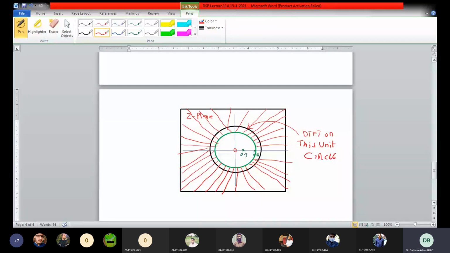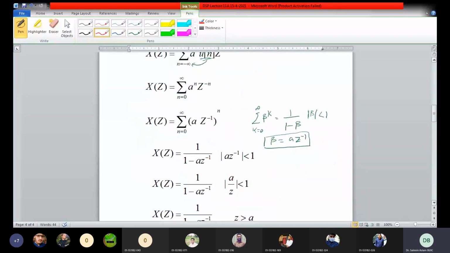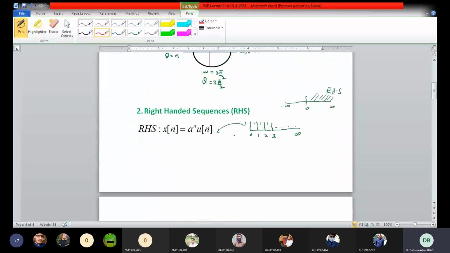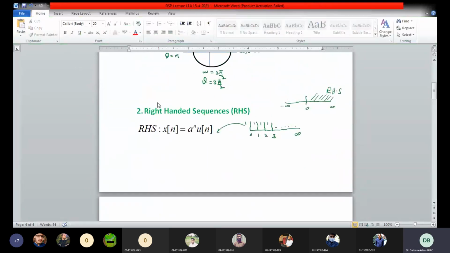Since we set the foundation with right-handed sequences, now we are going to cover left-handed sequences in a very quick time. Let me move to your next topic.